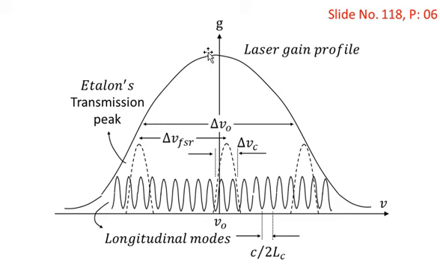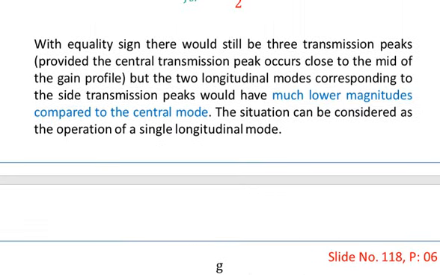But since the gain profile is going downward on the extreme ends, the longitudinal mode over here has a strength much smaller than the strength of the central longitudinal mode lying over here. So these will have smaller magnitudes. Ultimately, on the basis of this, we can assume that effectively there is only one longitudinal mode present.